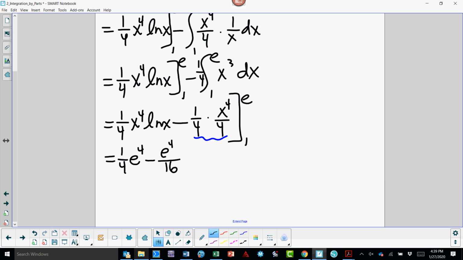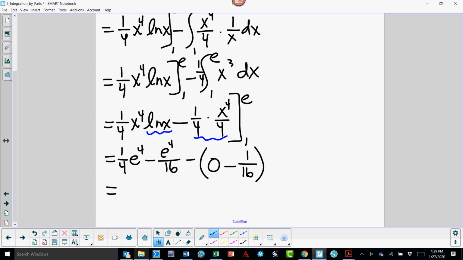Then I'm going to have minus parentheses, and I need to plug in 1. So I'm going to have 1/4 of 1 to the 4th, but then I have times ln of 1. So right here, when I plug in the 1, I'm going to get 0. So that product will be 0 minus 1 over 16.